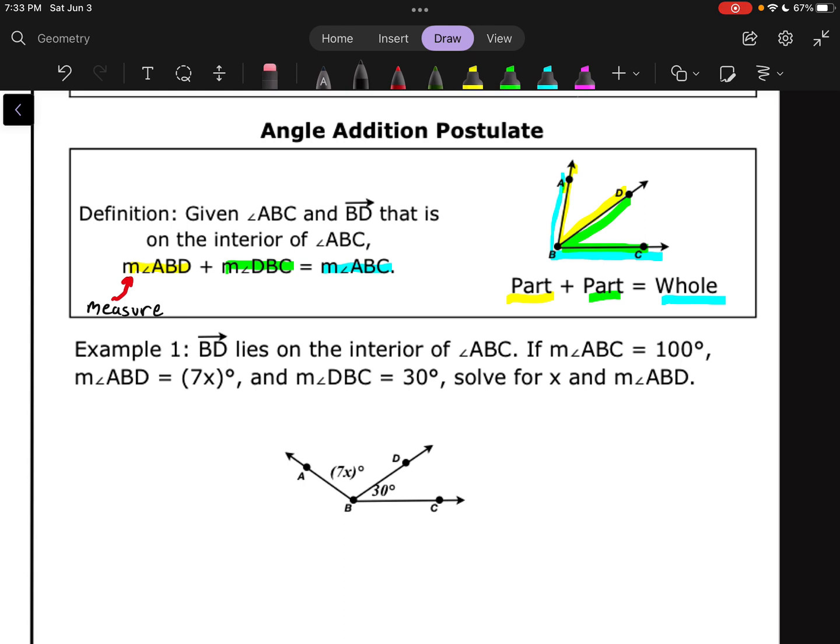So let's say this is 30 and this is 50. Then 30 plus 50 must be equal to 80. Add those angles together, and they have to equal the whole thing.